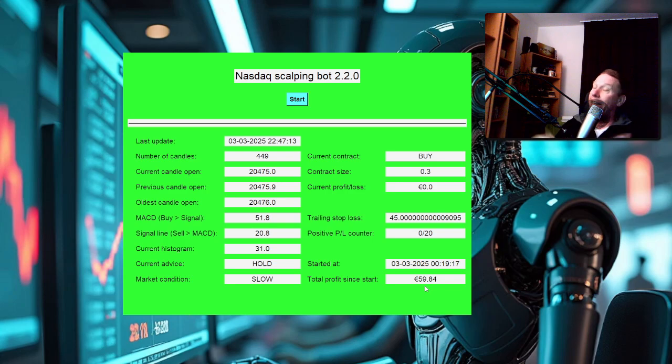But, yeah, there is a but. While doing this and while watching this, I saw a couple of things that I'm not happy with, because of what the bot did or didn't do. One of those things was that the positive profit loss counter, this one, 0.20, did not come up, was not 1 or 2 or 3.